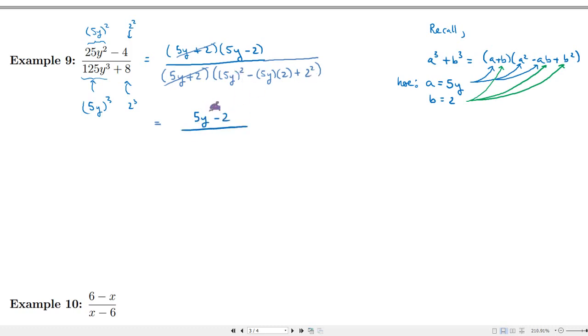And then down here we can simplify this a little bit. This is 25y squared minus 10y, and then plus 4. And this will be our answer. All right. There's no way to further reduce this, okay? Otherwise, I would have given that to you over here as part of the general formula.